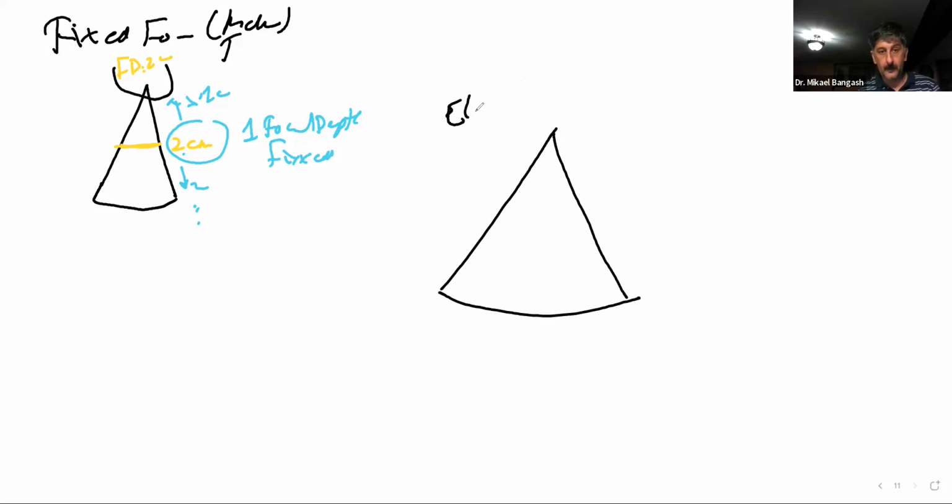If we say, for instance, electronic focusing, there are going to be 2 points. First of all, it's going to be controlled by the electronics of your system.